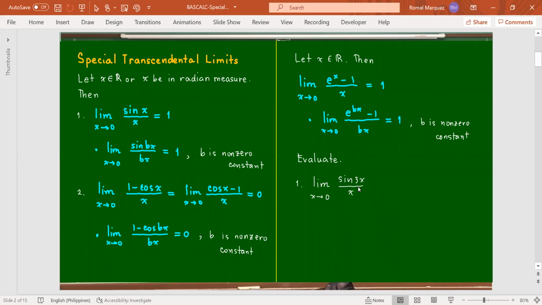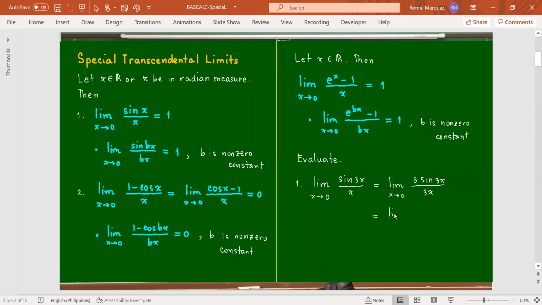Notice that we cannot apply this yet, because the argument in sine is not the same as the denominator, although this is 0 over 0. So we can make it like this form. We multiply both the numerator and denominator by 3. Then I get 3x in the denominator, which is now the same as the argument of sine. Is that clear, guys? So I can now apply this special case.